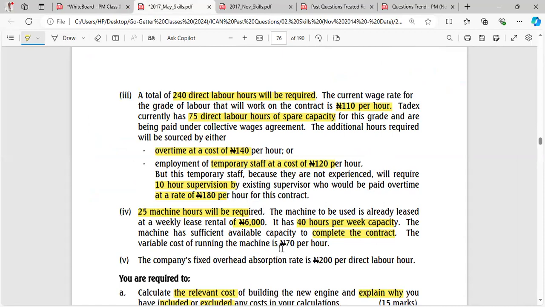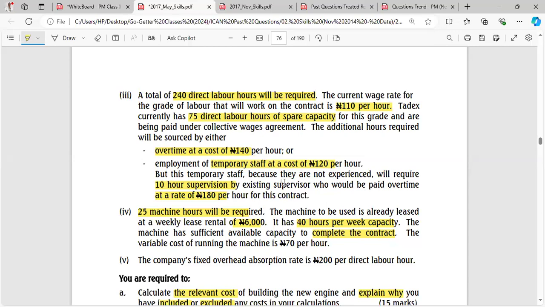Now, what it means here is the machine is already being leased. So that 40 hours, if we take away 25 out of it, 15 hours will be remaining. That leasing of 6,000 naira is already being used for about 15 hours or less.